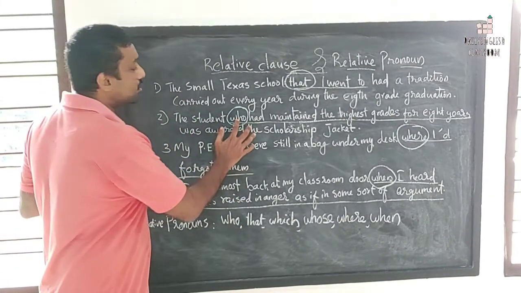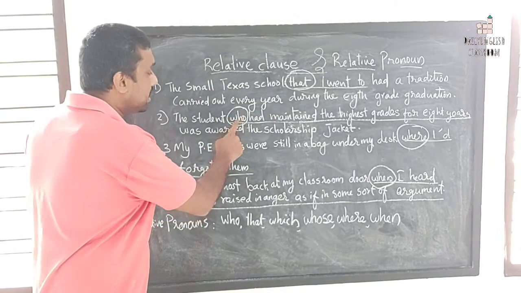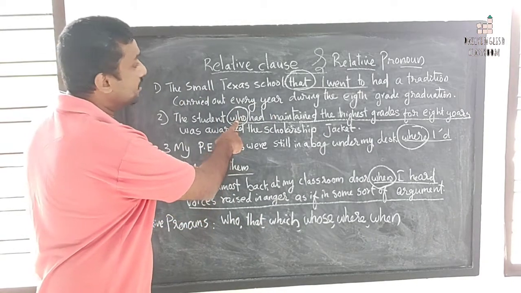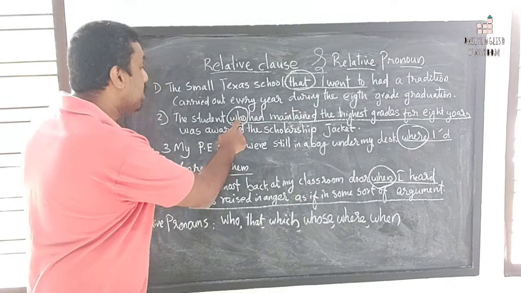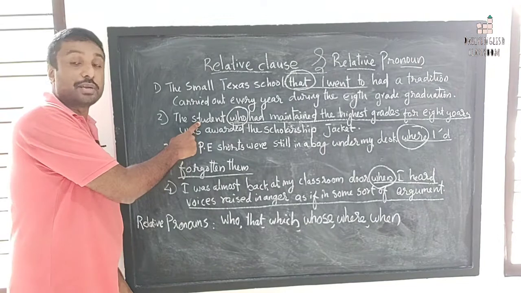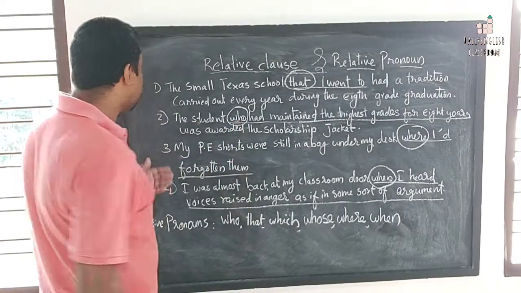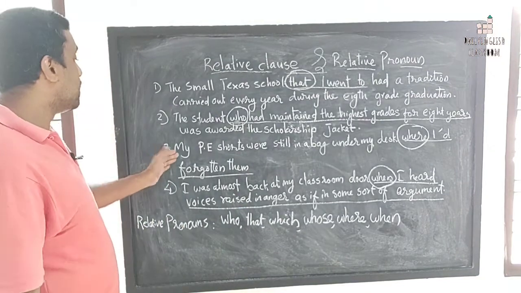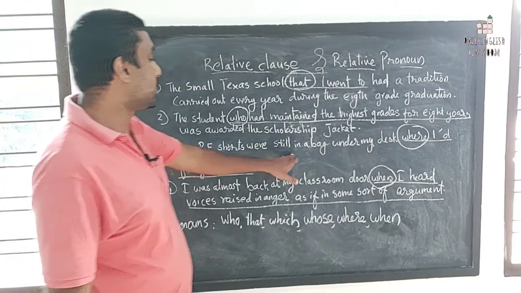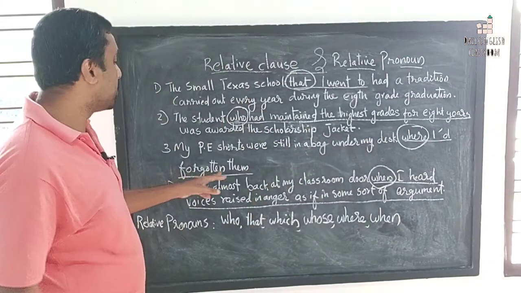You have to use the suitable relative pronoun in this sentence. So here the relative pronoun used is who, because this who is referring to a person. For a person we use the relative pronoun who. Now let's take the third example. My PE shorts were still in a bag under my desk where I had forgotten them.